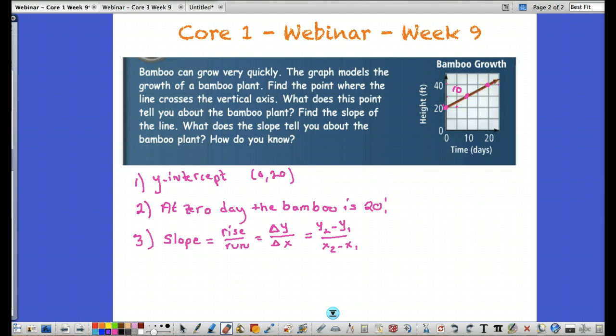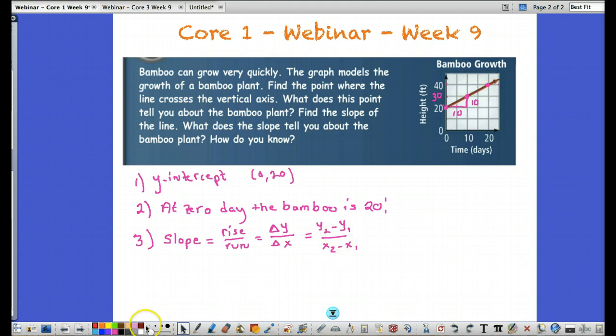And the difference between 20 and 30 is 10, and that's where I got the 10. So let's just put a 30 here so that we know. And then we'll just go this way. So if I go over 5, 10, and then up, I've gone up 10 feet, and I've gone over 10 days, or whatever that is. There we go.